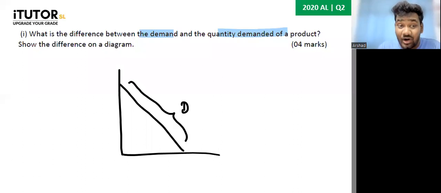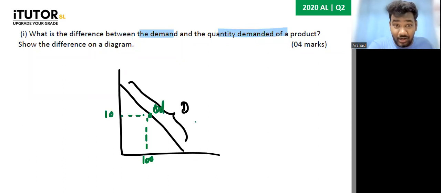Then what is quantity demanded? Quantity demanded is at one particular price, at this exact price of 10 rupees, how much is the consumer willing to buy? That is what you call quantity demanded.